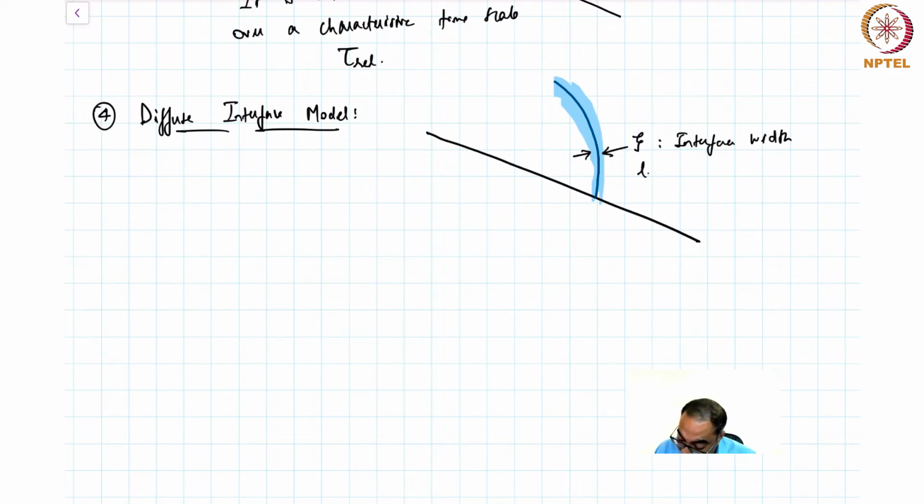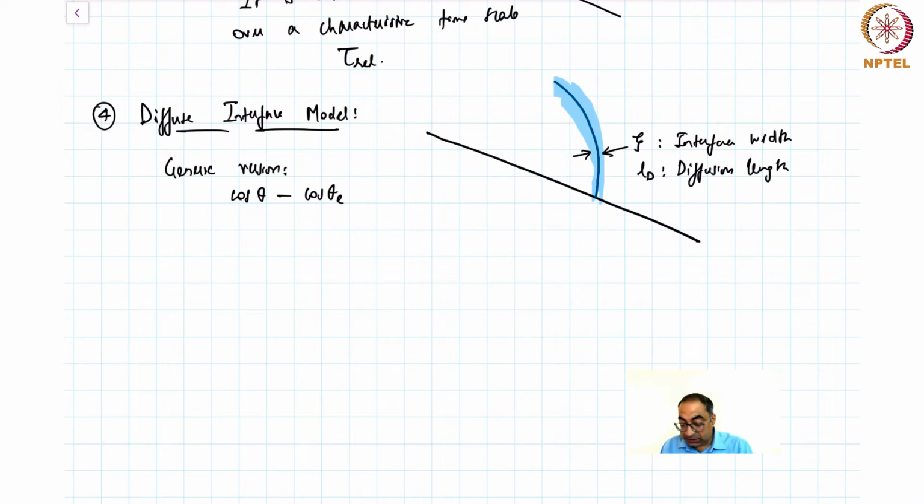There is another independent parameter called the diffusion length. These two parameters affect the motion of the contact line, and the generic version of this model is that the driving force, which is the difference between the apparent contact angle that you see and the equilibrium contact angle, is of the order capillary number times xi by LD. So this is the generic version of this model, and it's very popular with people doing numerical simulations particularly.